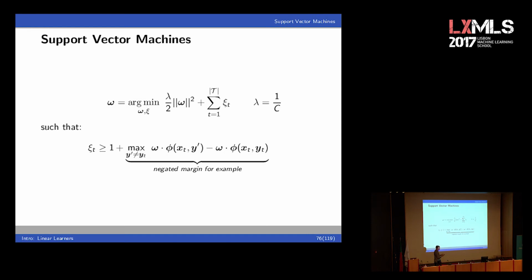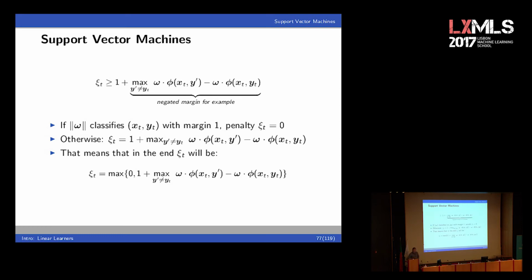It doesn't matter where you have this constant that allows you to trade off between minimizing the error and maximizing the margin, either here or here. And this is nice because it allows you to see the support vector machine as an instance of a more general problem, like you have an objective and a regularizer. If you have the constant on the regularizer, this allows you to make the regularizer stronger or weaker.